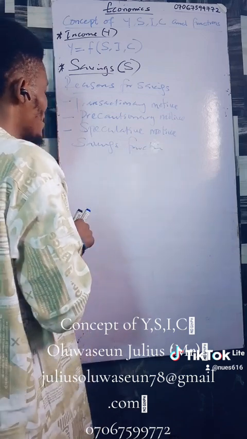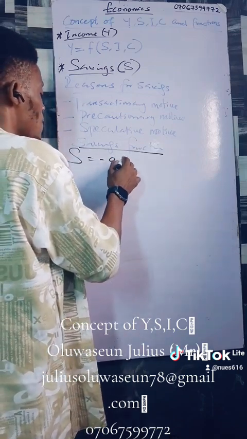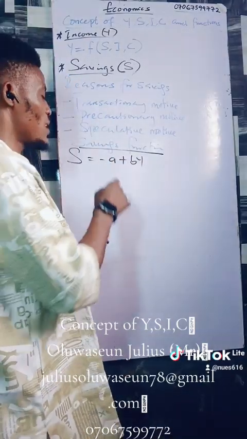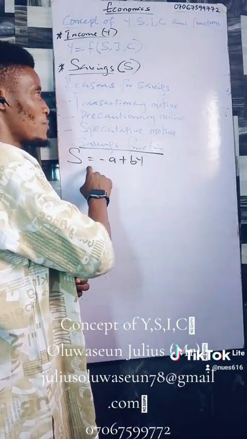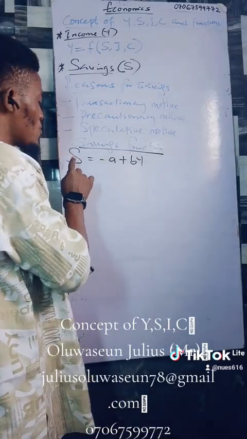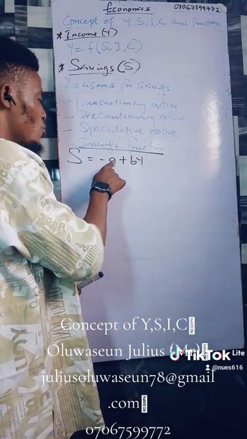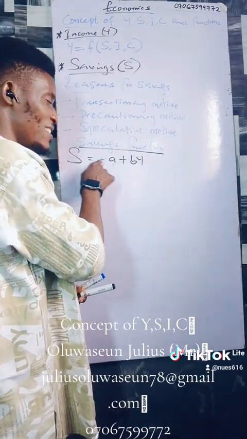Now our savings function has to do with S is equal to negative A plus BY. Am I communicating? We generated this model from the concept of consumption. Is that taken? Now this S connotes our savings. And this A connotes when income is at zero. That is minus A. You can see the sign here.